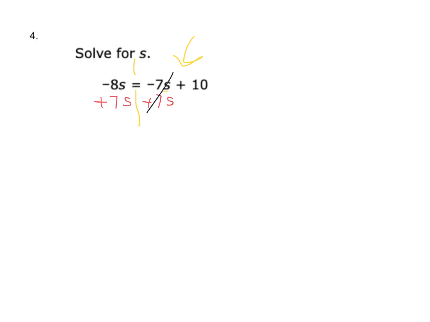Okay, so that's gone. -8 plus 7 is -1s or negative s. And then I have 10 on the right side. This indicates multiplication. So the inverse of multiplication is division. So I divide both sides by -1. And that leaves me with s equals -10.